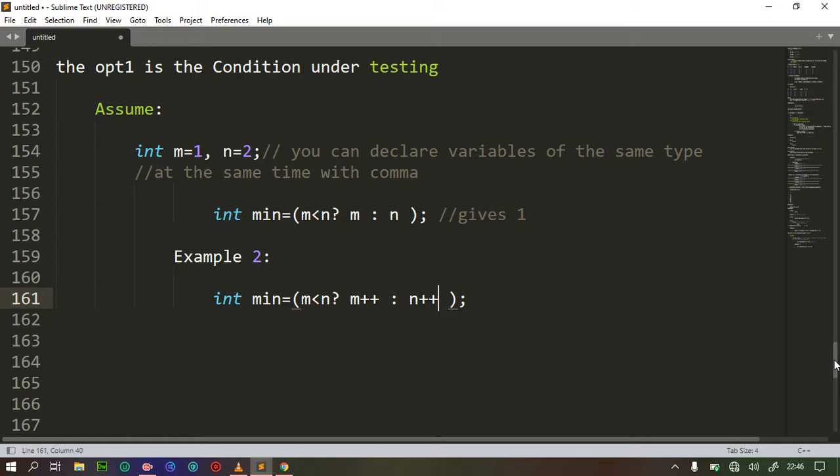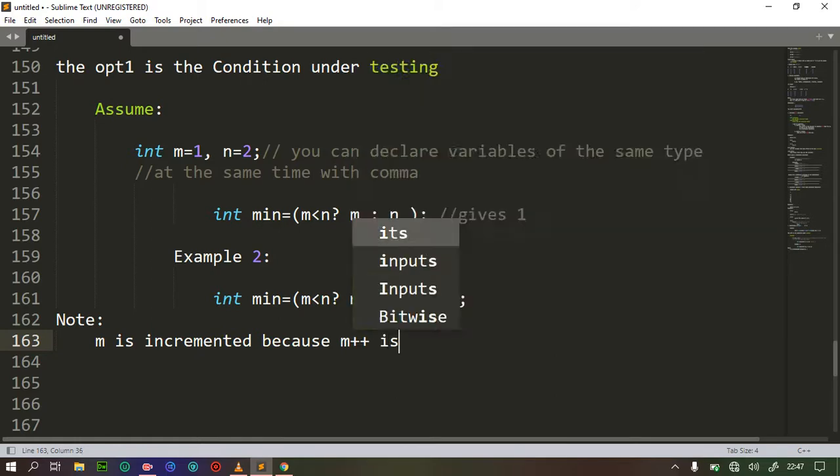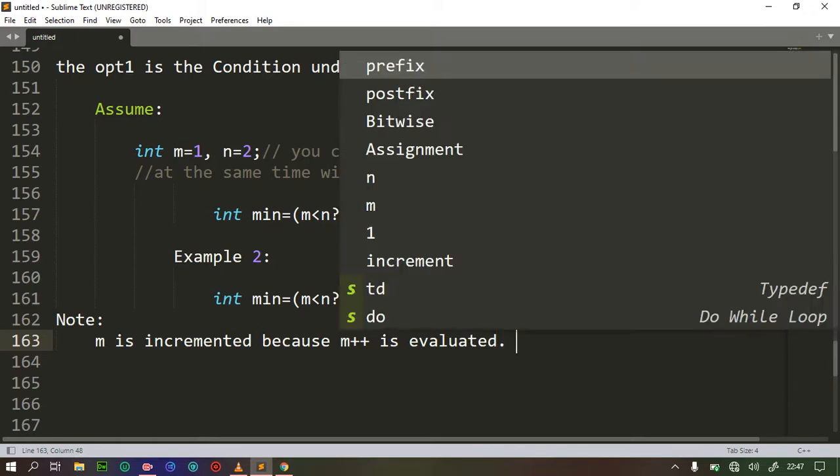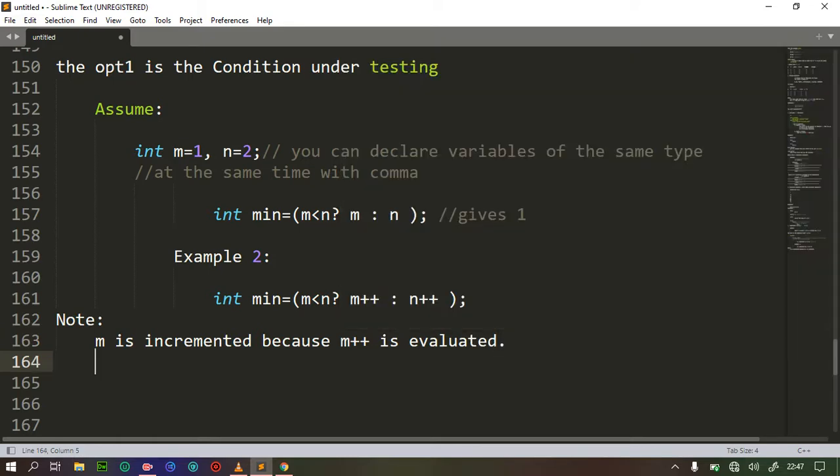M is incremented because the m increment is evaluated. Guys, are we together?